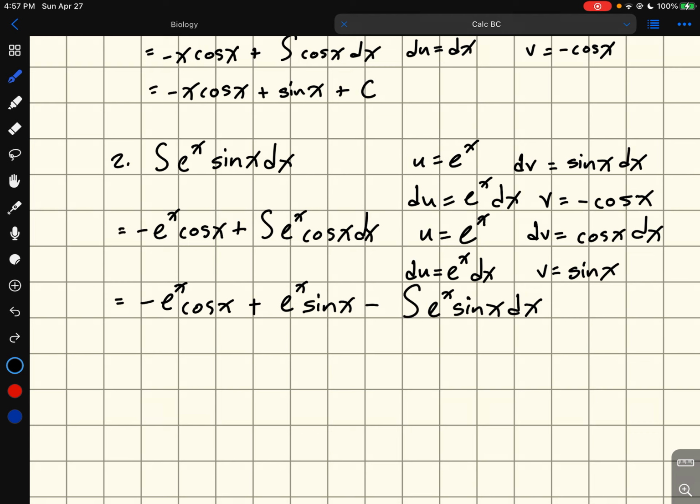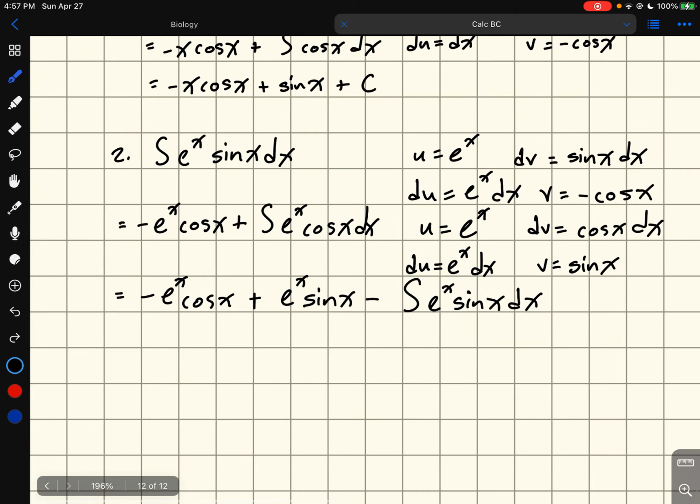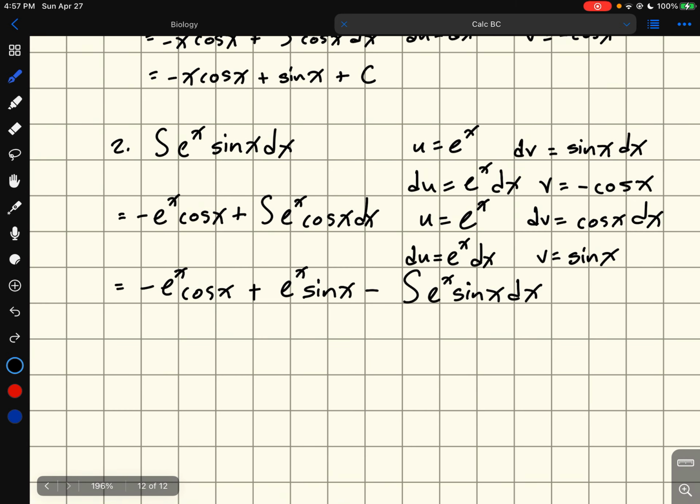So if I add this to both sides, aka I'm moving it over here, then I'm going to have this e to the x sine x dx and this e to the x sine x dx. So that means I have two of them. So I'm going to write that. I have 2 integral e to the x sine x dx.